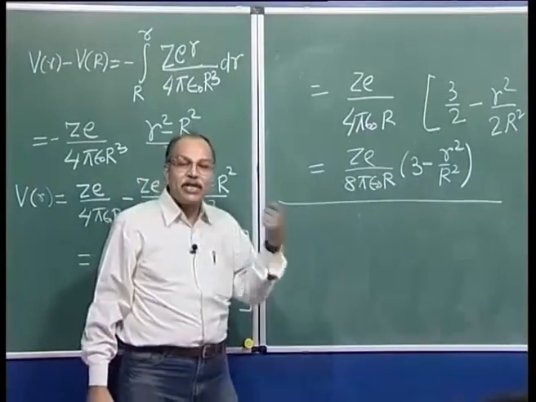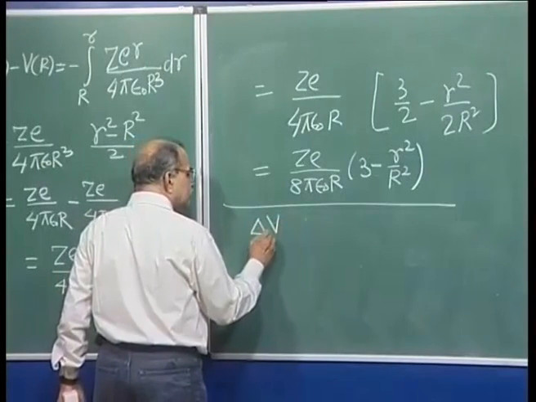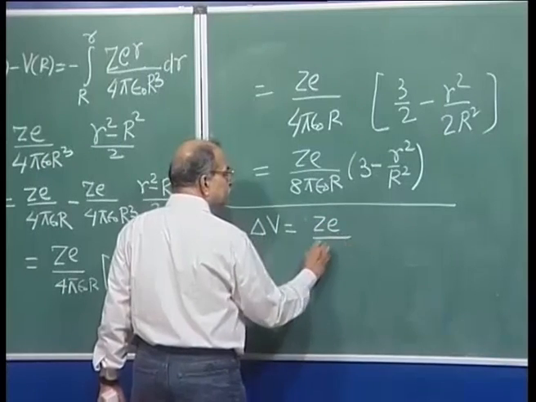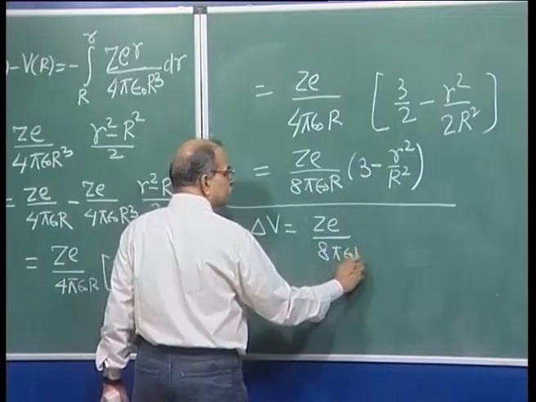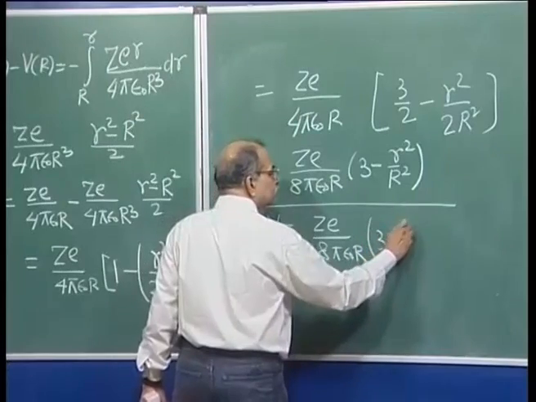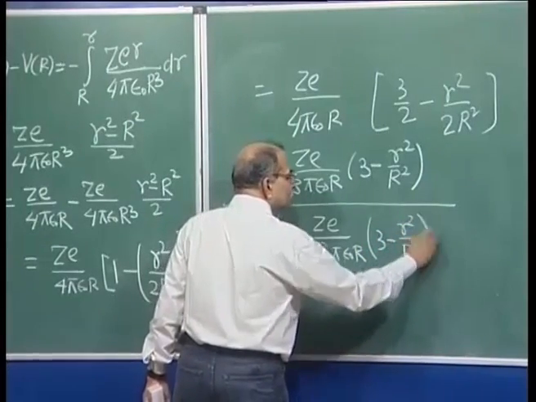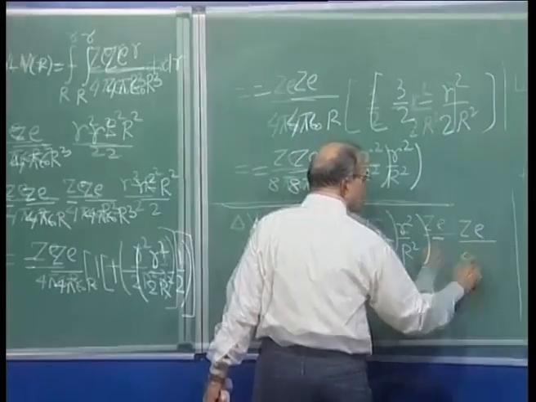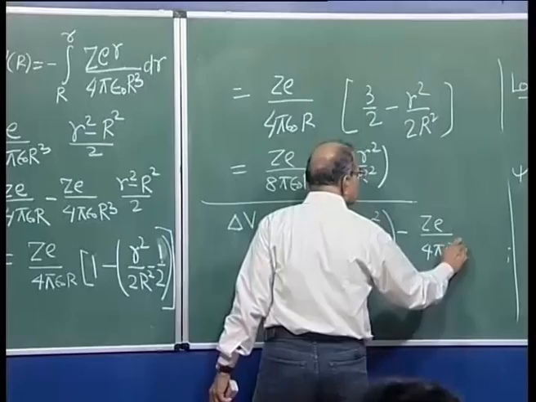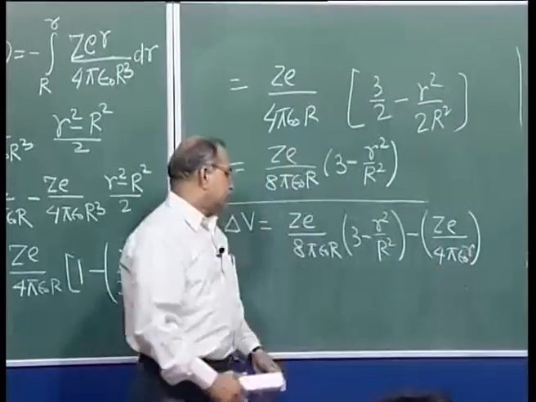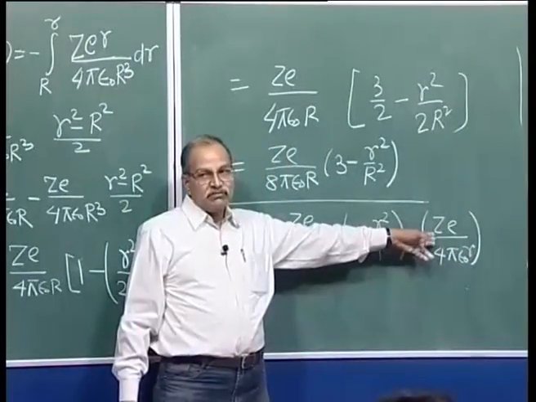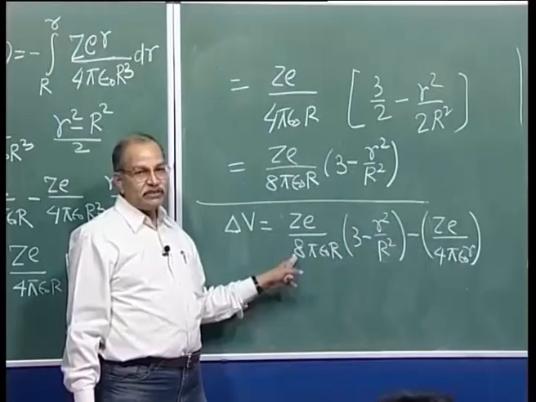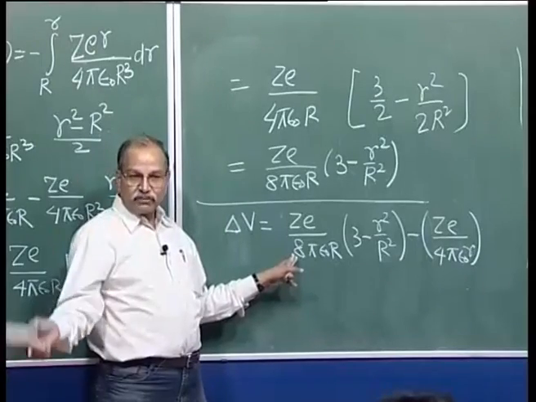So, how much is the change? This will be, and minus Z E by 4 pi epsilon naught r. This is the potential assuming the nucleus to be a point charge, and this is the potential assuming the nucleus to be a uniform sphere.